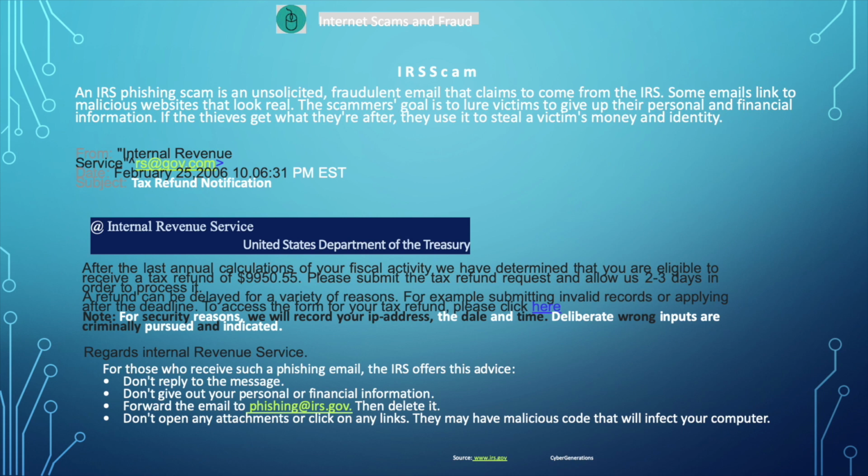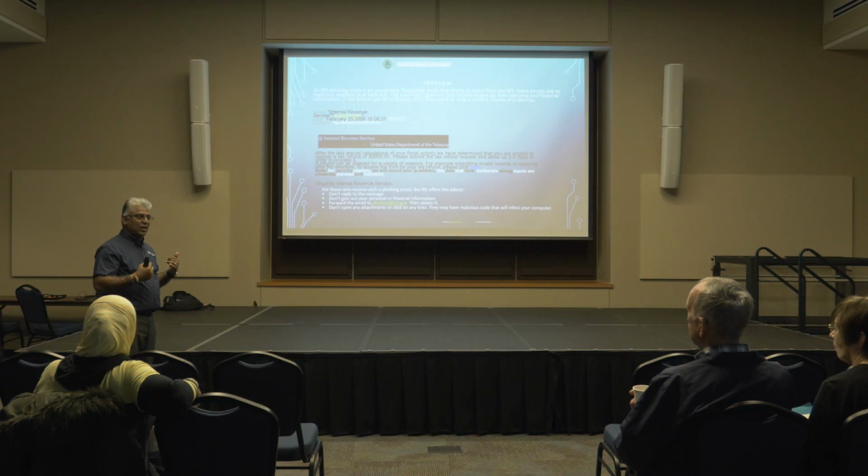Click here to sign in, or you have a refund. Click here to sign in and enter your information so we can get you that refund. Obviously, if you're going to get a refund, the IRS is going to send you a check or deposit it directly into your bank. If you owe them money, they are going to send you a letter. Most government agencies will send you a letter.